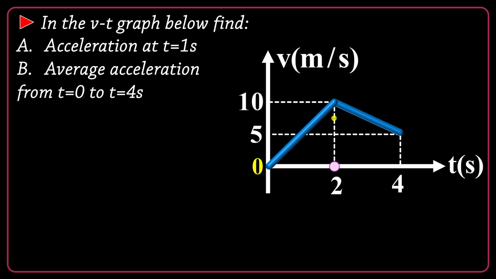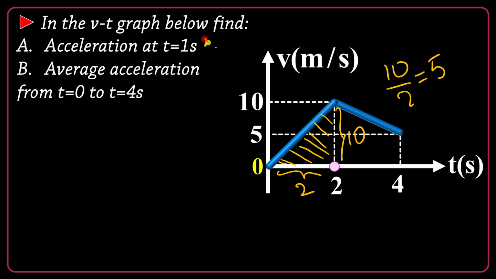It will be exactly the acceleration at t equals 1 also. I establish a triangle again. Rise over run. Rise is 10, run is 2, 10 over 2 is 5. So acceleration is 5 meters per second squared at t equals 1, and also every moment between 0 to 2 because it's a line.